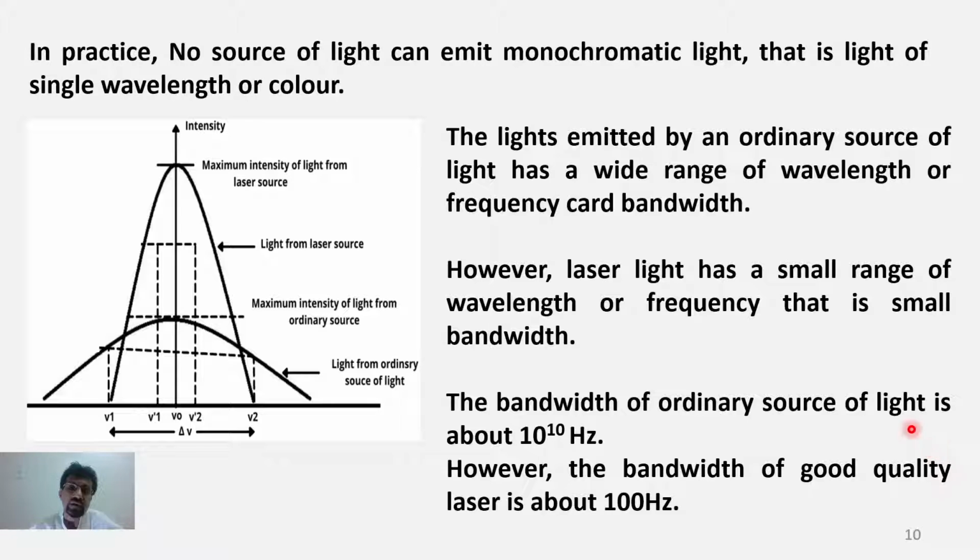However, laser light has a smaller range of wavelength or frequency, and due to that it has a very small bandwidth. The bandwidth of an ordinary source of light is about 10^10 Hz, but the bandwidth of a good quality laser is only about 100 Hz.